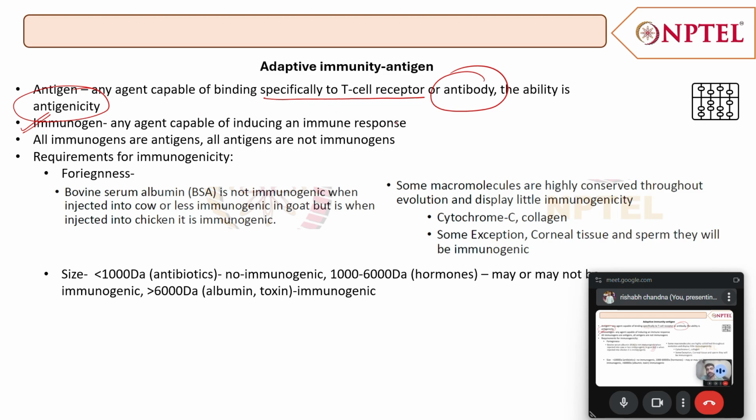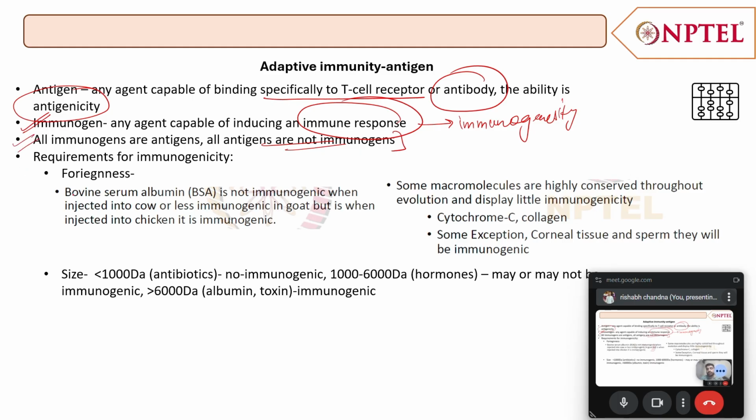Any agent that is capable of inducing an immune response is called an immunogen, and the property is called immunogenicity. Okay, all immunogens are antigens, and all antigens are not immunogens. So all antigens do not elicit an immune response. This we have to remember thoroughly.